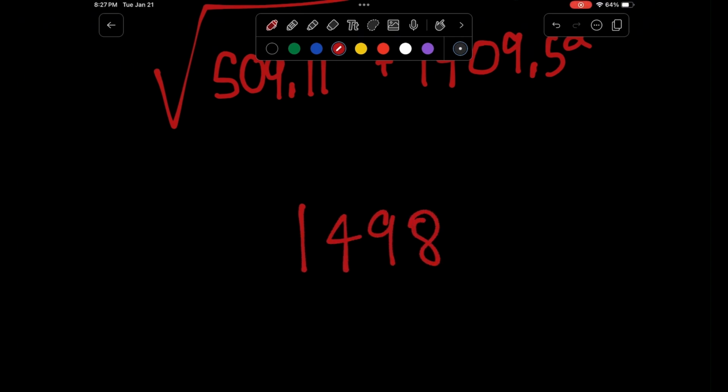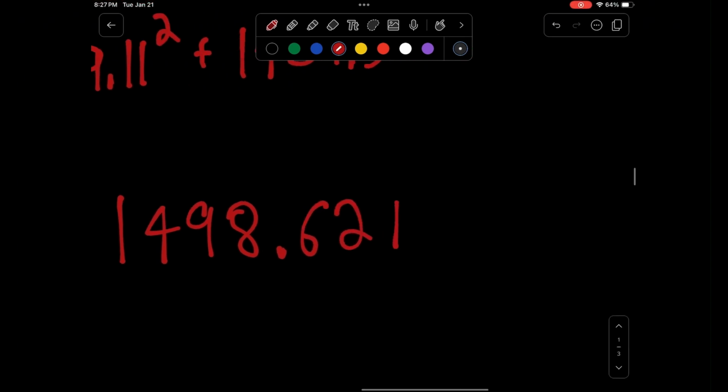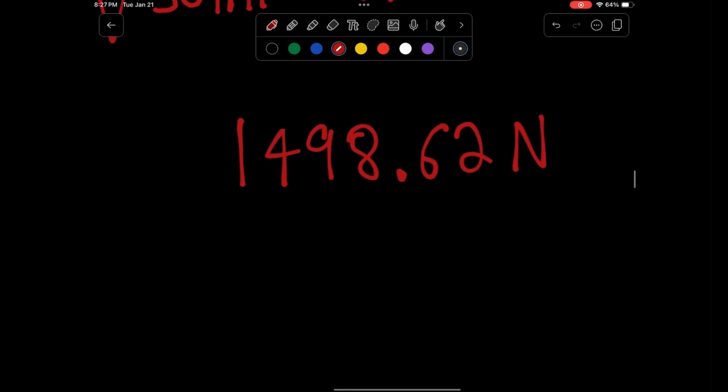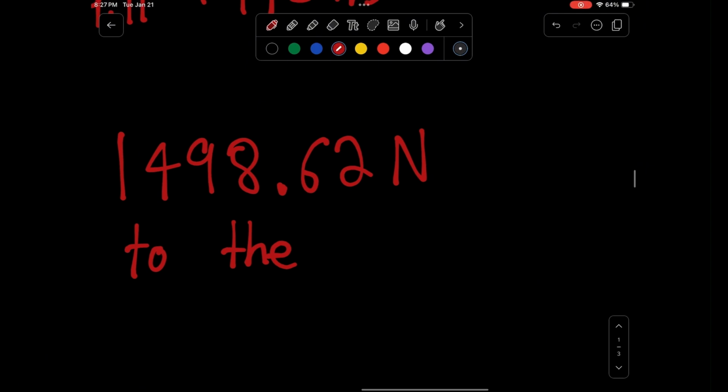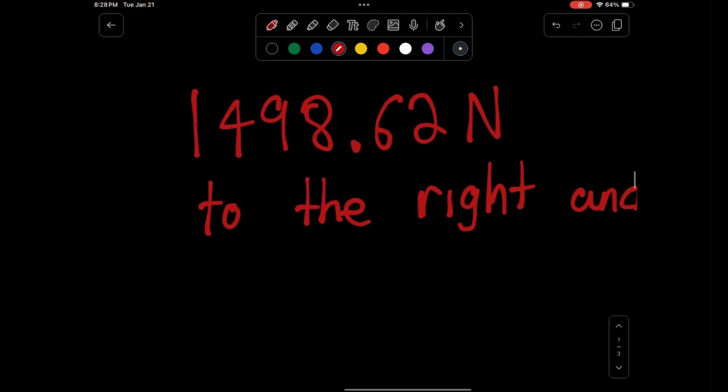And there we get our answer: 1,498.62 newtons. In all, the ball has 1,498.62 newtons acting on it as it was kicked through the air by the player in Retro Bowl.